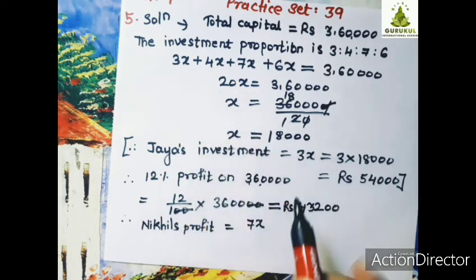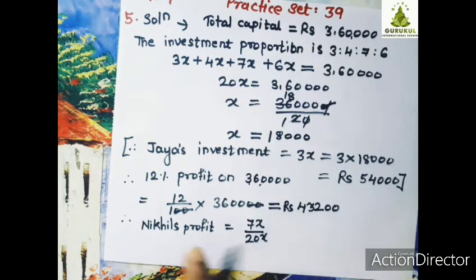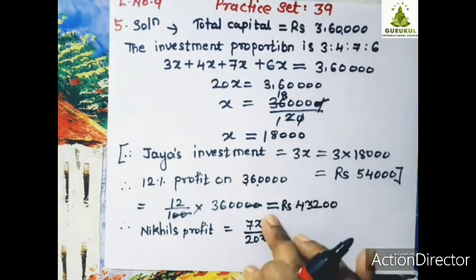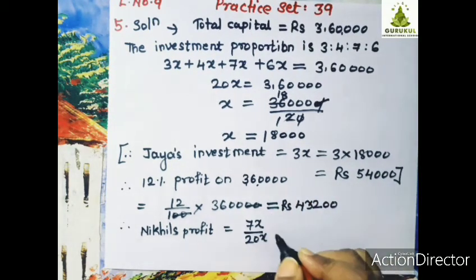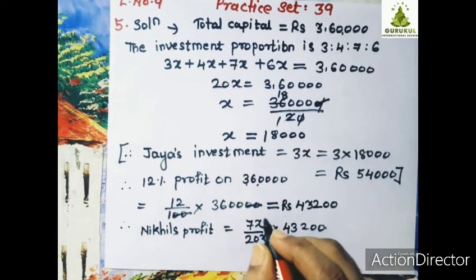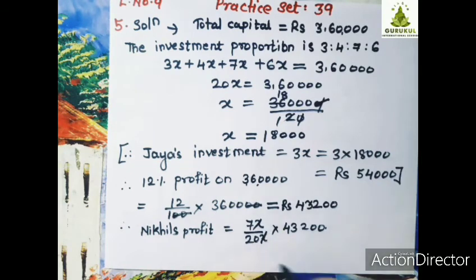Total was 20x. Nikhil's investment is 7x, in a total of 20x. Therefore, we have written 7x upon 20x into 43,200. So x will be cancelled.